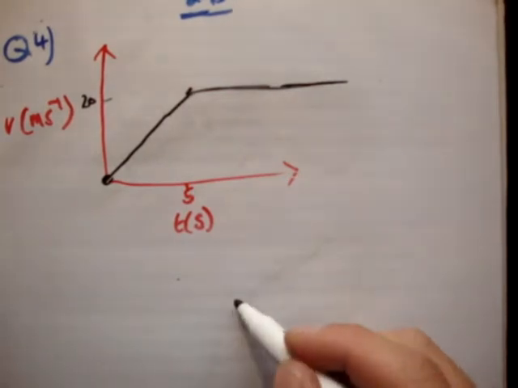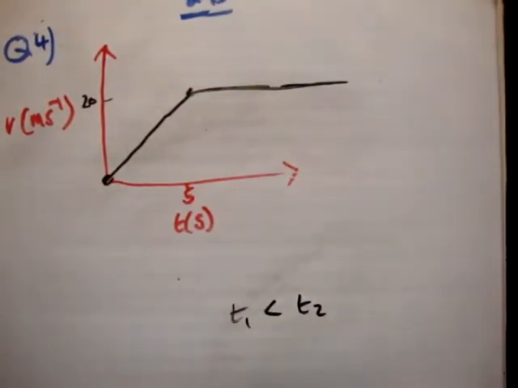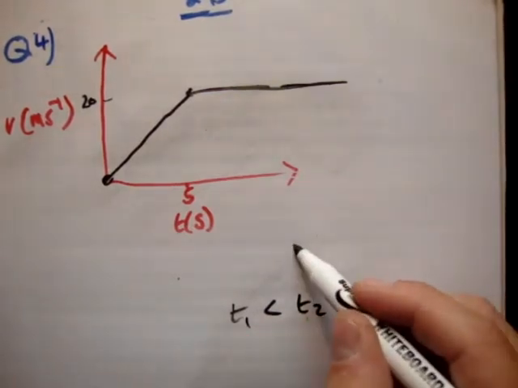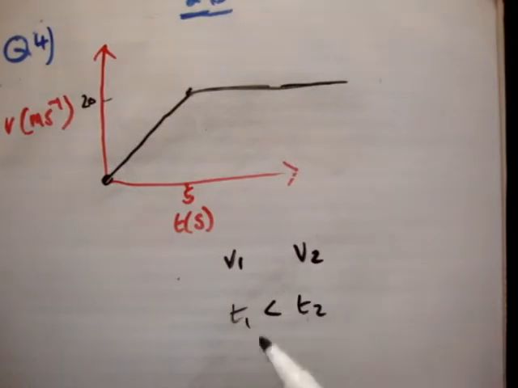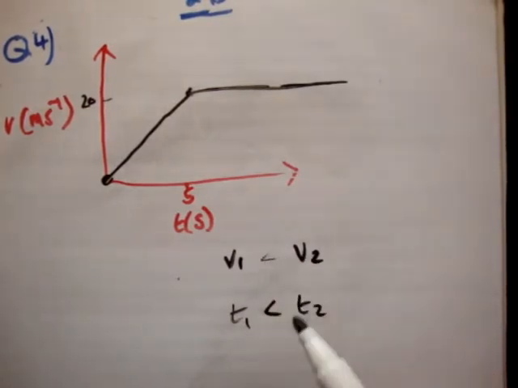Once again, remember, if you have t1 and t2, where t2 is greater than t1, so this is after this, and the corresponding velocities v2 and v1. If at a later time the velocity is greater, that means the acceleration is positive.